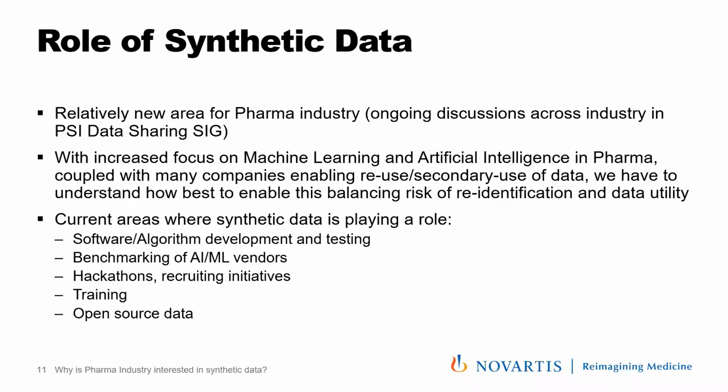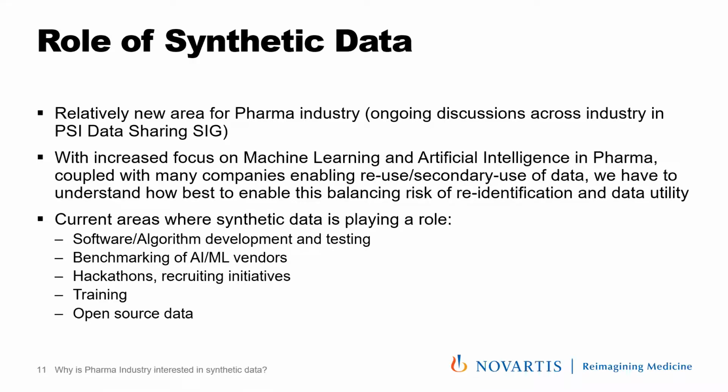So current areas where synthetic data is playing a role is in software and algorithm development and testing, and certainly internally as we develop things like our Shiny apps to explore data, the ideal way would be to have synthetic data to be able to test these tools.